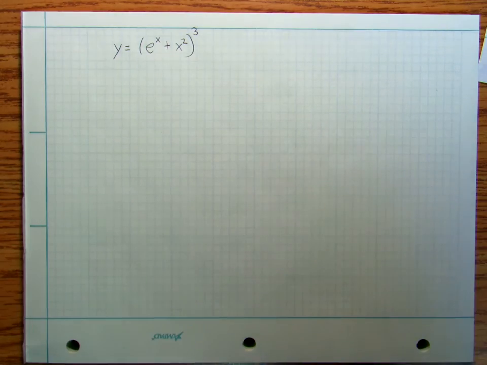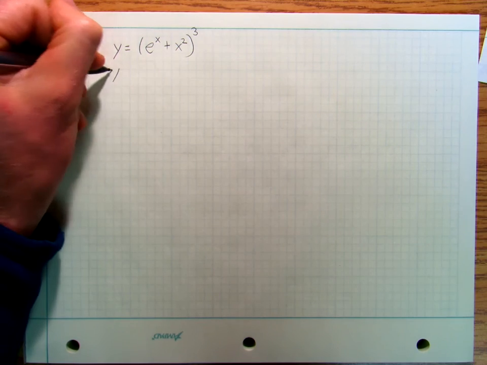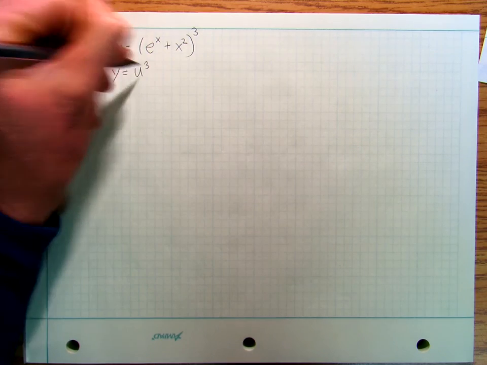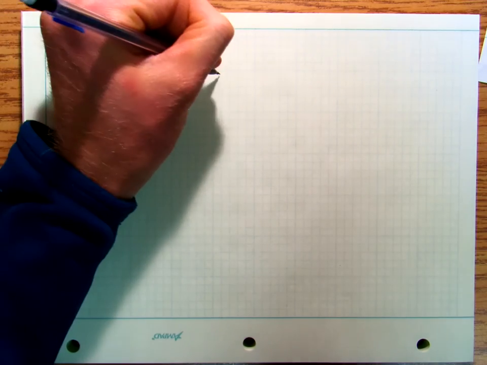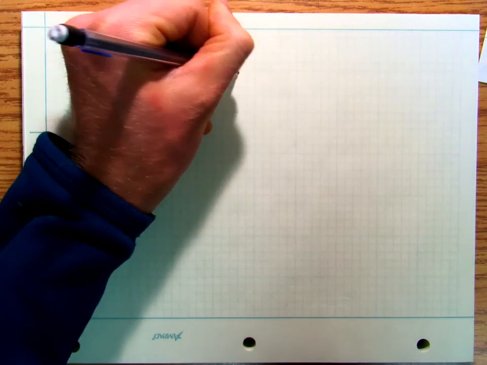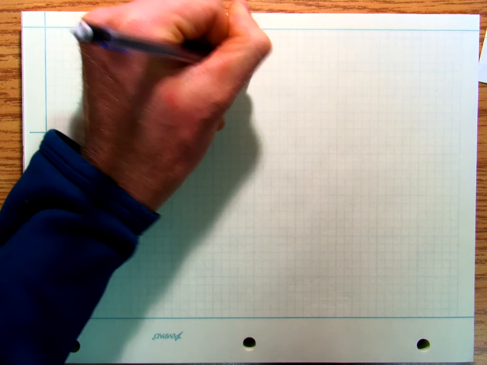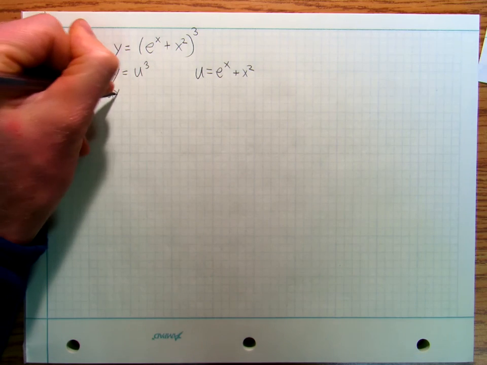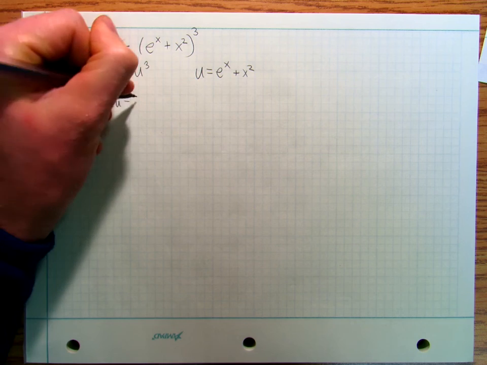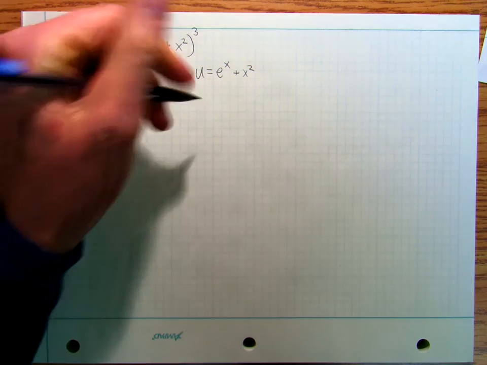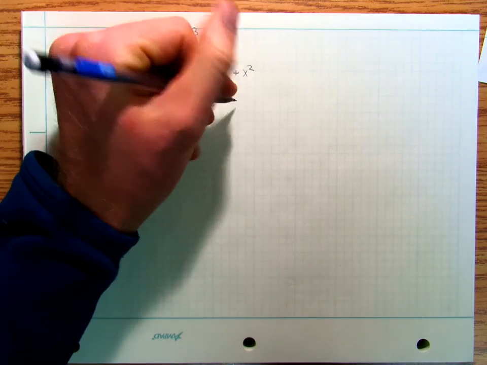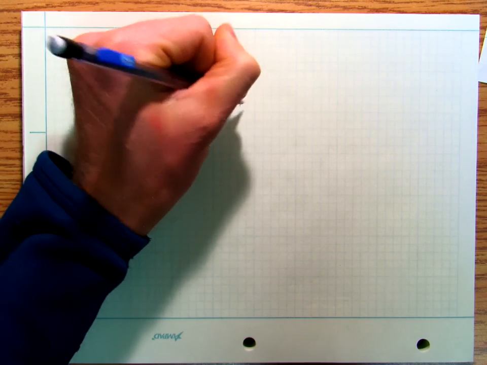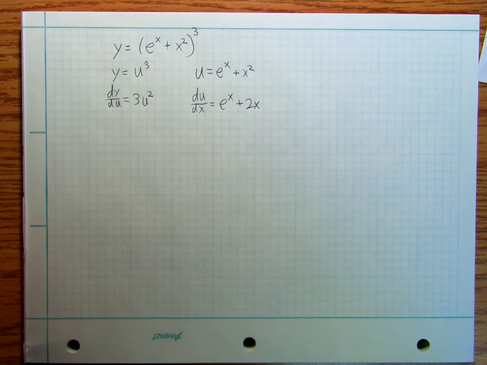Good. So I'm going to say y equals u cubed, and I'm going to say u equals e to the x plus x squared. dy du is equal to 3u squared. du dx is equal to e to the x plus 2x.